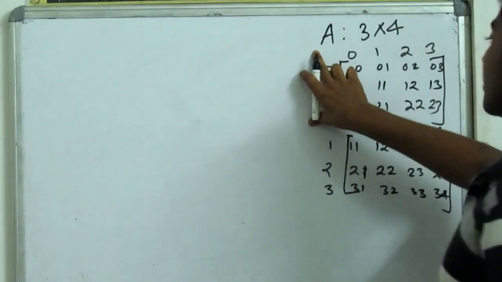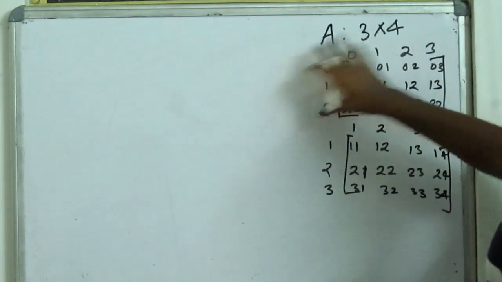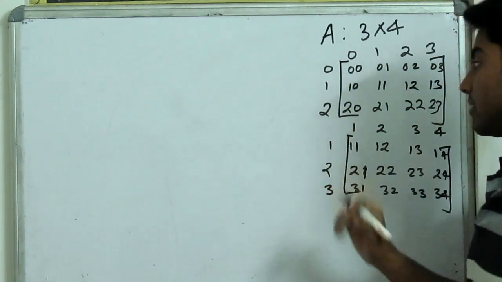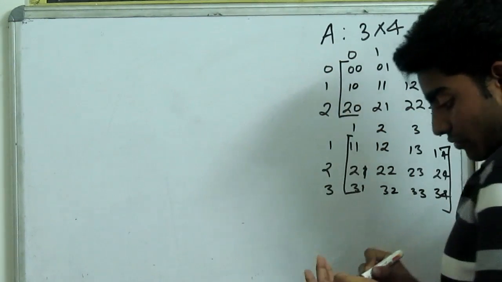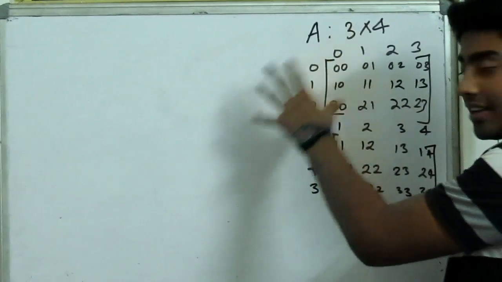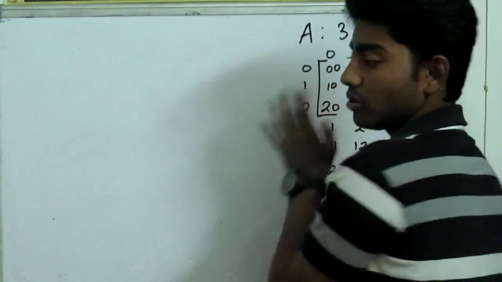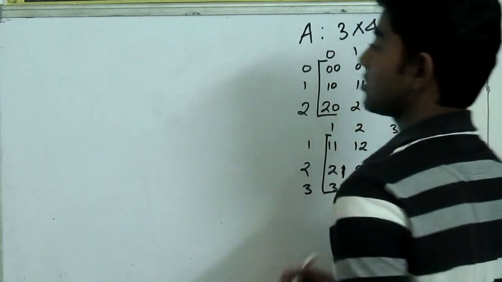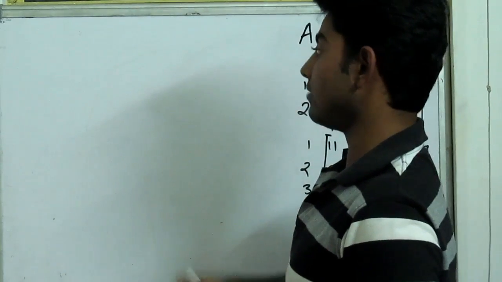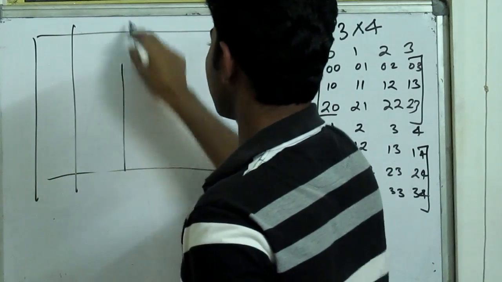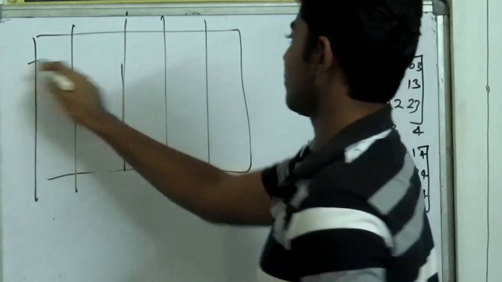Now conceptually or theoretically we know that our array will look like a two-dimensional matrix. But suppose we want to take this entire array and just put it into the memory without doing anything else. What drawback will we have? Suppose we have a memory like this, and I'm just drawing it roughly.